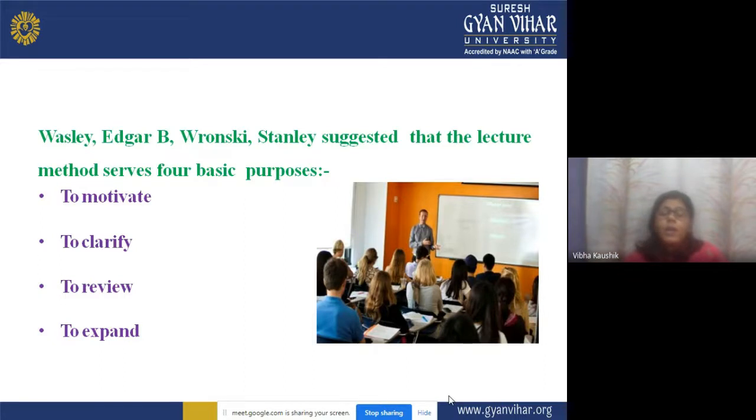To clarify means with the help of the lecture method, the teacher can clarify the concept and the main doubts of the learners. To review, the teacher can review the progress of the learner, how much they have learned of that basic concept. To expand the knowledge of the learners related to that particular concept.